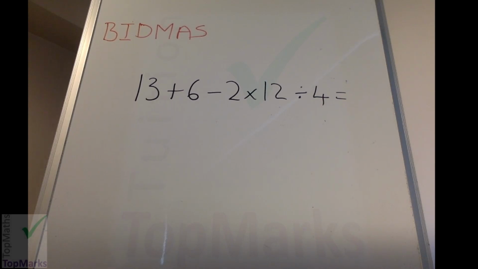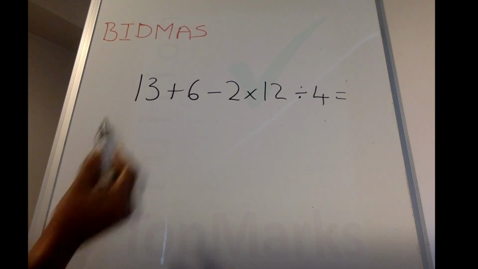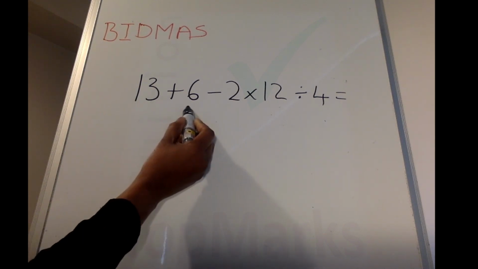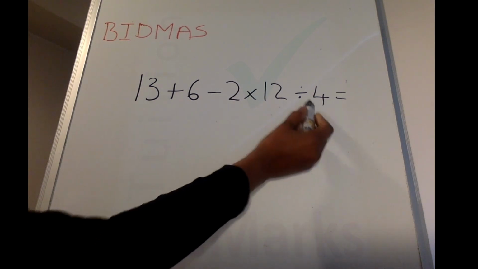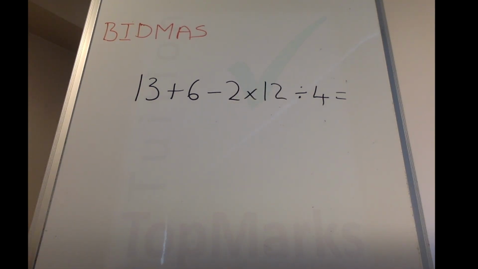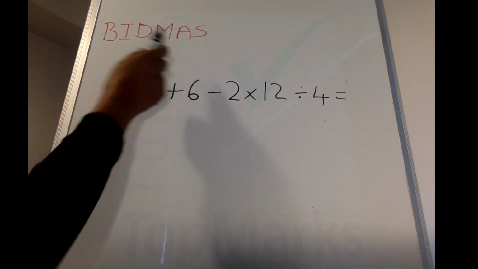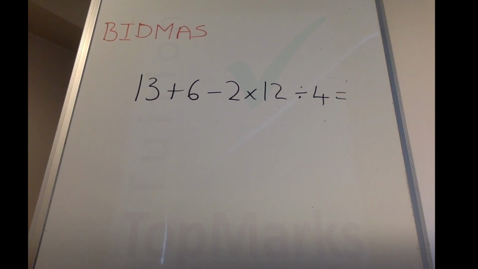Let's try this one. Our calculation is 13 plus 6 minus 2 times 12 divided by 4. Let's just follow the order of operations as dictated by BIDMAS.